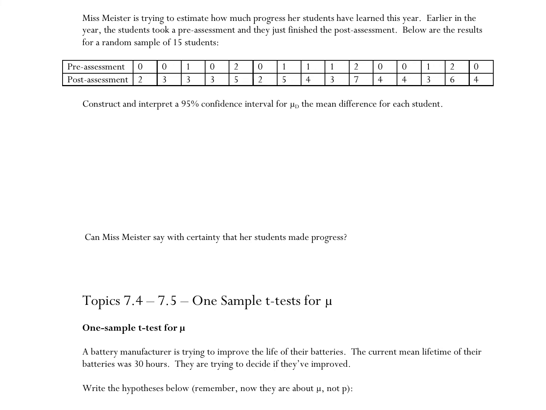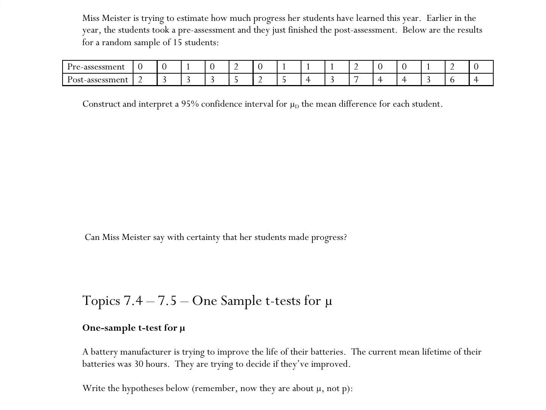As you look at these, what do you think? What's the range? How did someone get a 6? Or a 7? Oh, I don't know, I made up the data. Just in general, when you look at this, how did Mrs. Meister do at teaching?